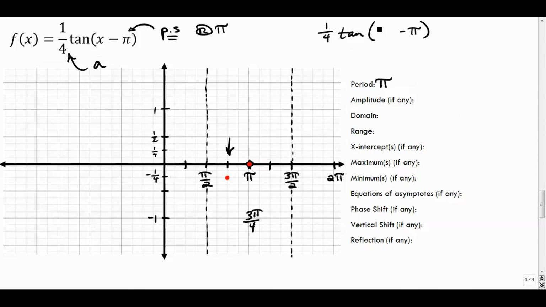Should be pretty simple. 5 pi over 4 minus pi, well that's just pi over 4. The tangent of pi over 4 is 1. 1/4 times 1 is 1/4. So that's going to be right here. And I'll put it in red again. So again, tangent has those 3 key points that I want you to look at every time. Let's just graph it.